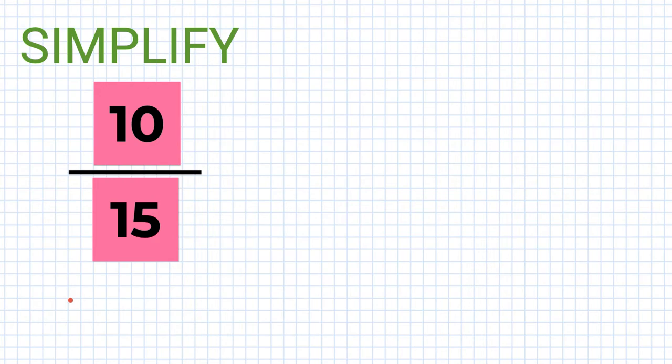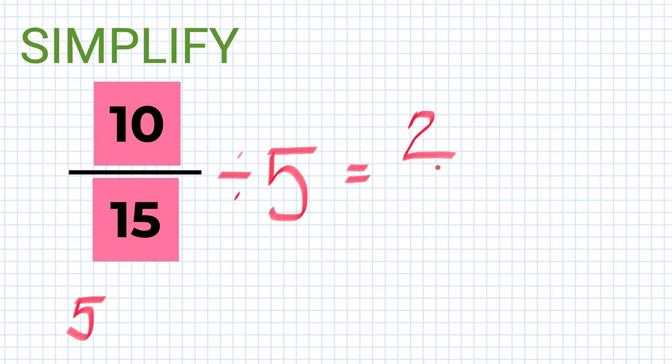If the only number that can divide both the numerator and denominator is 1, then the fraction is simplified already. So this time, the number that can divide 10 and 15 is 5. Now let's try 10 divided by 5, that is 2. 15 divided by 5, that is 3, of course.